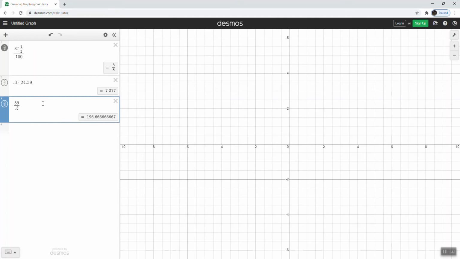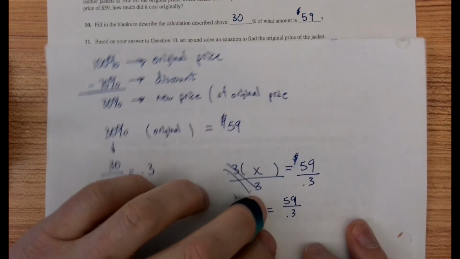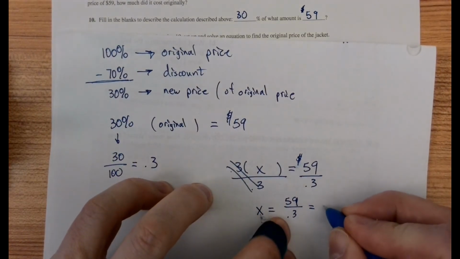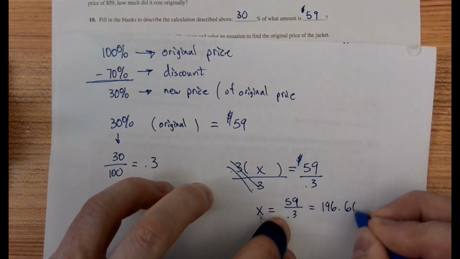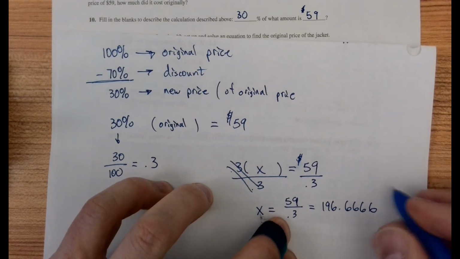And there we get it: 196.666666666 and 7. What's happening here in Desmos is the value is 0.6 repeating forever, and they're just rounding at this very last decimal place, rounding that up to a 7. So let's go ahead and write that down: this is equal to 196.6666. I'll just write 4 of them.